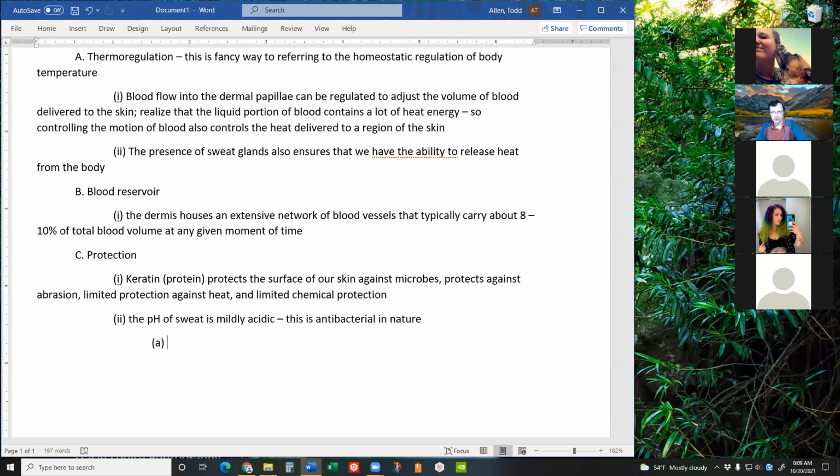Generally speaking, the surface of your skin is not a very good home for many types of microorganisms that might want to live off the surface of our body. There are exceptions, however, and I'm going to document that here in your notes.